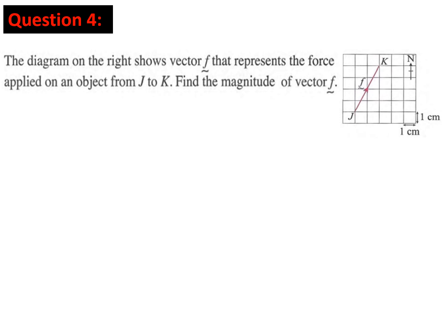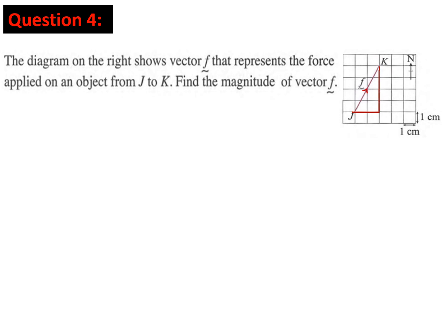Question number 4. The diagram on the right shows vector F that represents the force applied on an object from J to K. Find the magnitude of vector F. To find the magnitude of vector F, we can find the length of JK, where we can form a right angle triangle.